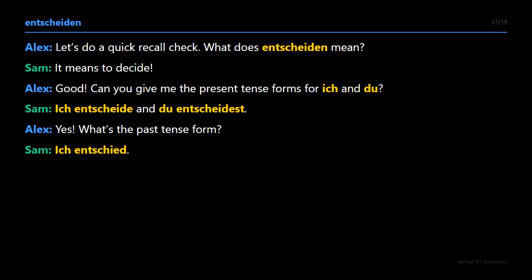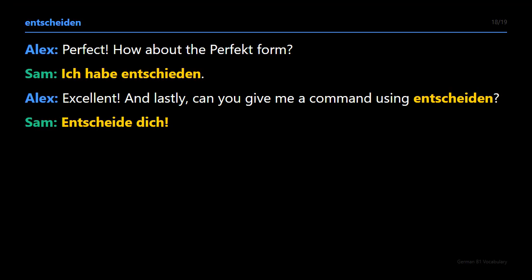Yes. What's the past tense form? Ich entschied. Perfect. How about the perfect form? Ich habe entschieden. Excellent. And lastly, can you give me a command using Entscheiden? Entscheide dich.